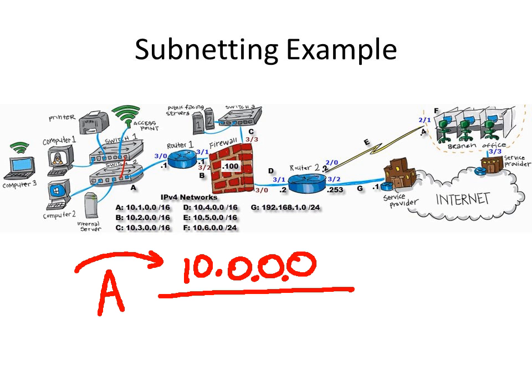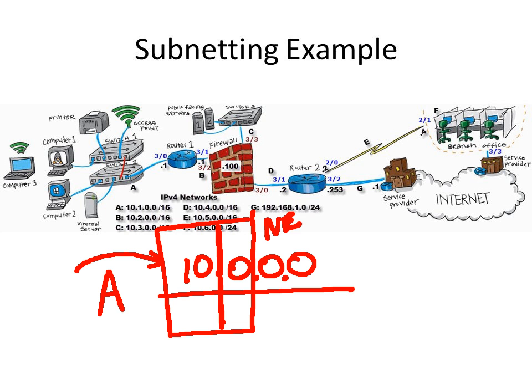As a result, by default, the dividing line would go right here, meaning the 10 is the network, and everything to the right is the house numbering. However, if we change the mask, and say, even though it's a Class A address, let's use the first 2 octets for the network, then we could create custom subnets.